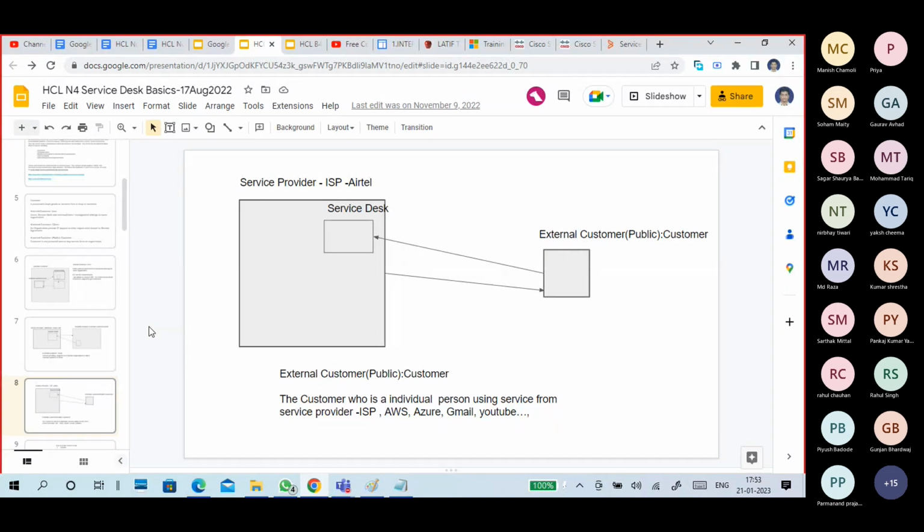I am an individual person, not belonging to any organization, a customer of Airtel as an individual user. In the same way, you are using Gmail, YouTube, or anything.